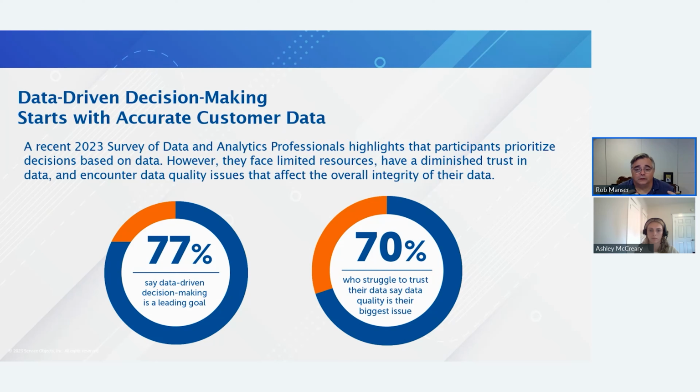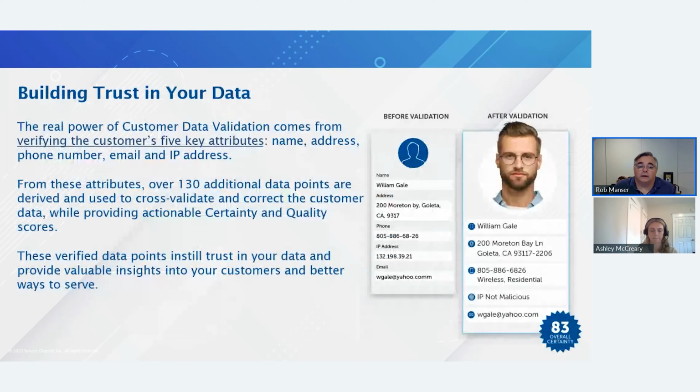You need good data to make good decisions, but maybe you don't know how to get it, or you can't trust the data that you have to do that. And so what customer data validation does is it really helps build trust in your data. You're going to see the real power of it when we start to validate and verify any one or all of the 5 key attributes: name, address, phone, email, and IP.